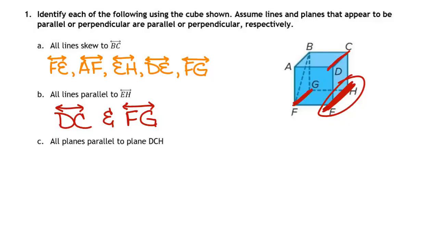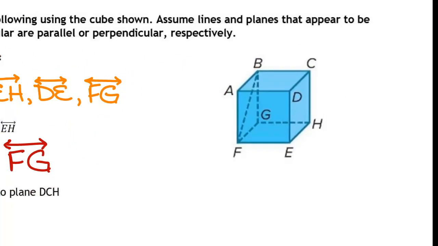All planes parallel to plane DCH. Let's highlight plane DCH: D, C, H. So this plane over here. In order to be parallel, it cannot touch it.